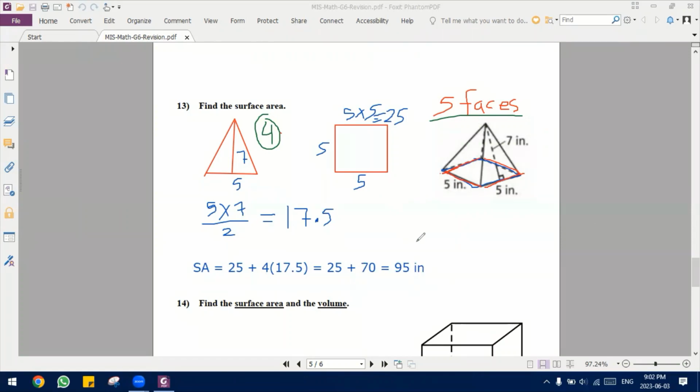Since it's an area, we write inches squared. So always find the number of faces, draw the different faces only, write how many faces you have from each one, find their area, and then add them.